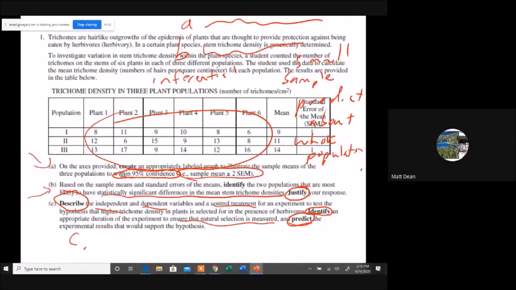Our hypothesis is that higher trichome density is selected for in the presence of herbivores. So I think the most logical independent variable here is trichome density. So I'm just going to abbreviate. Independent variable is going to be trichome density.